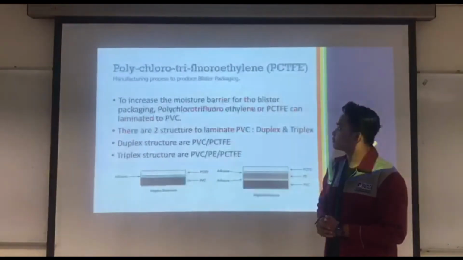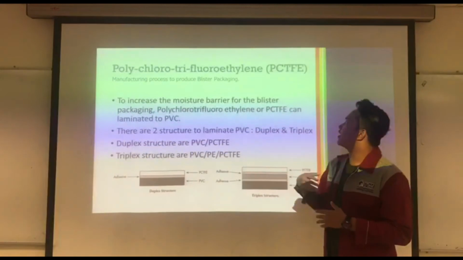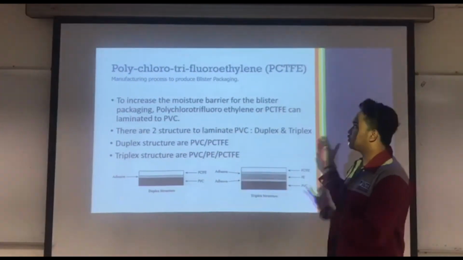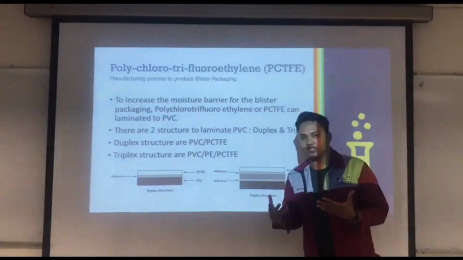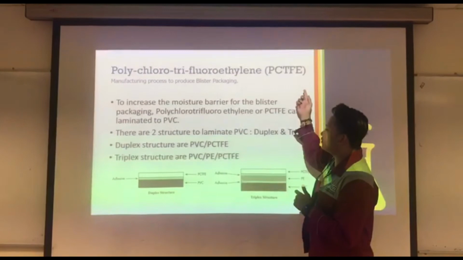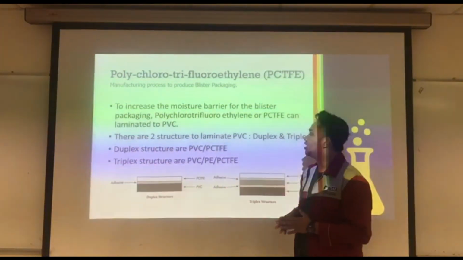Next. So, polychlorotrifluoroethylene, PCTFE. This is a manufacturing process to produce blister packaging. The first, we use this PCTFE to increase the moisture barrier for the blister packaging.